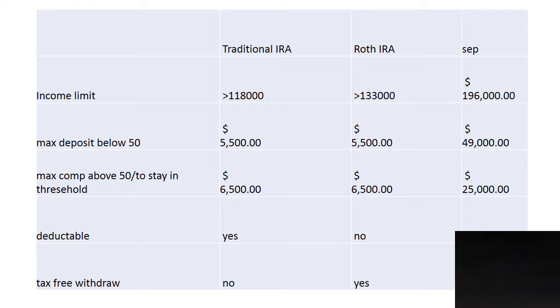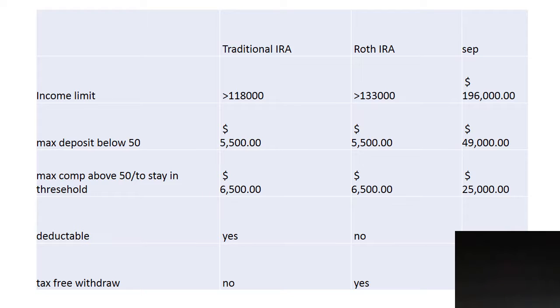So here are some of the limitations on the Roth, SEP, and traditional IRA income limits. As you can tell, essentially, if you make anything over 196,000, that's 25%. That's 49,000 is 29%. So anything over that, you really can't deduct or put into an account for yourself, but you can do a solo 401k with some of the remaining balance.